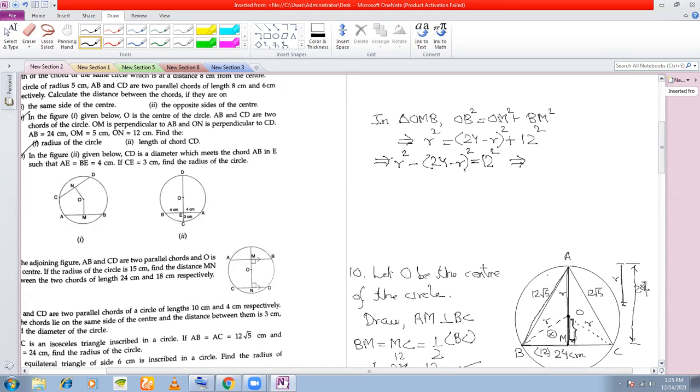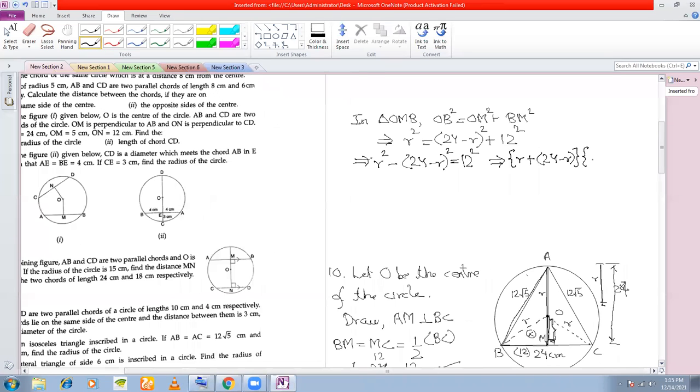Yes, sir. Now this is a difference of two squares, right? So I can apply A plus B into A minus B. A plus B into A minus B is equal to 144.